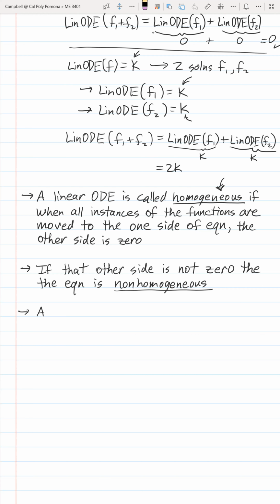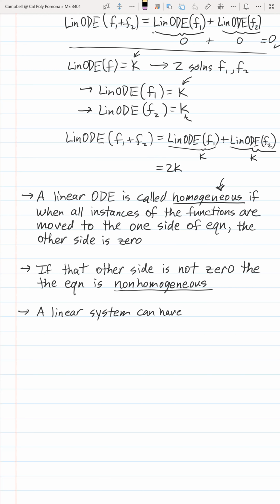Let's get into a special case of linear differential equations. So here we'll cover both cases.